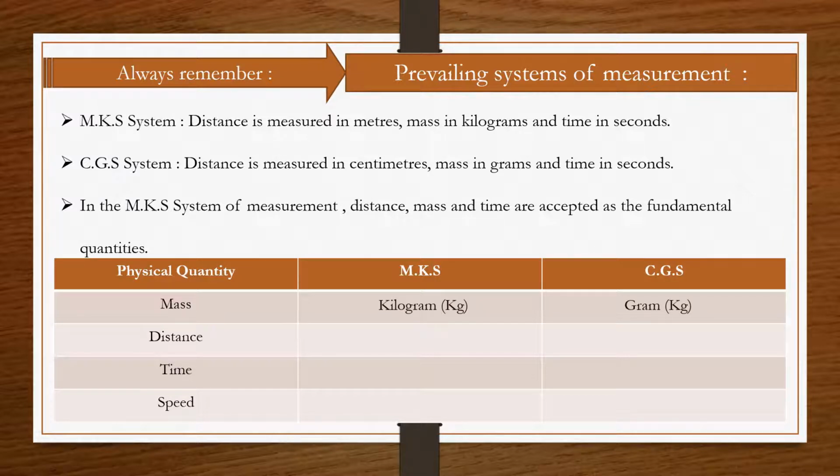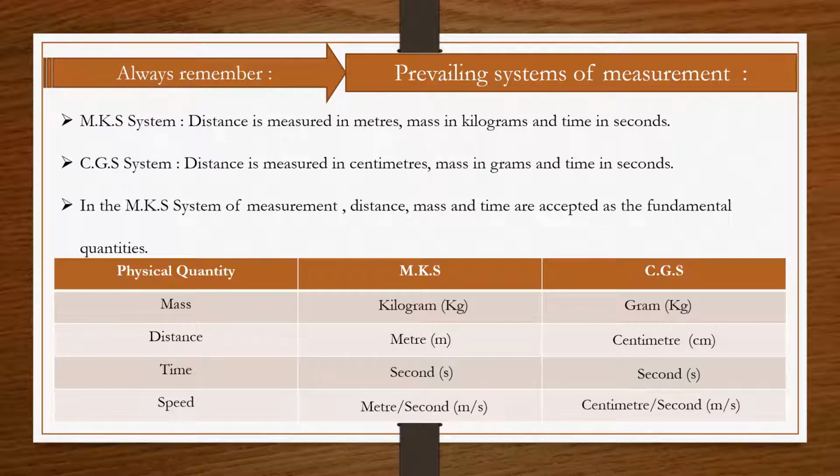For distance, the MKS unit is meter and the CGS unit is centimeter. For time, the MKS unit is second and the CGS unit is also second. And the MKS unit for speed is meter per second and the CGS unit for speed is centimeter per second.